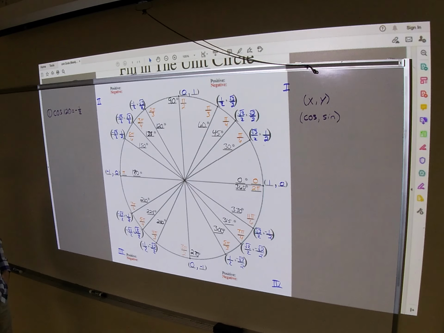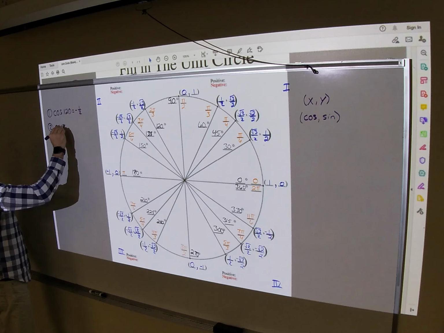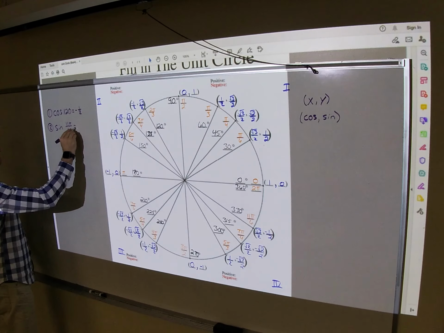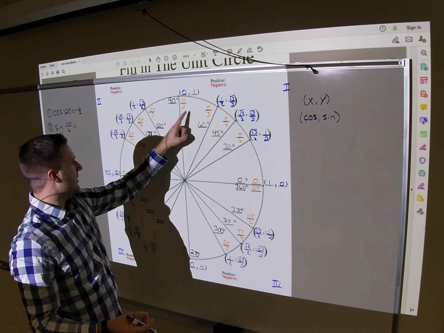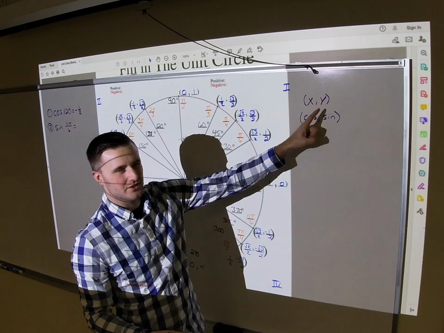In the same way, what if I wanted to find the sine of 11 pi over 6? So let's say number 2. I wanted to find the sine of 11 pi over 6. So I'll go to my orange, I'll find 11 pi over 6. Now the sine value is the y value.